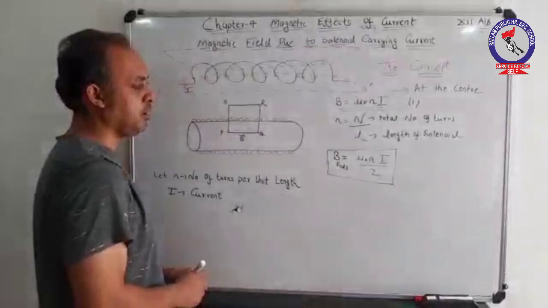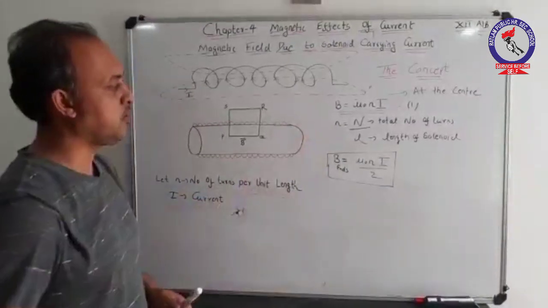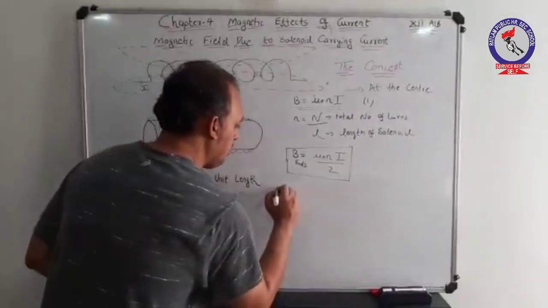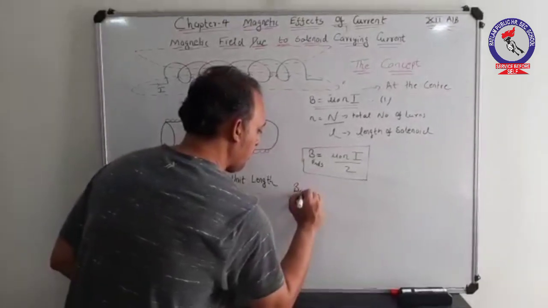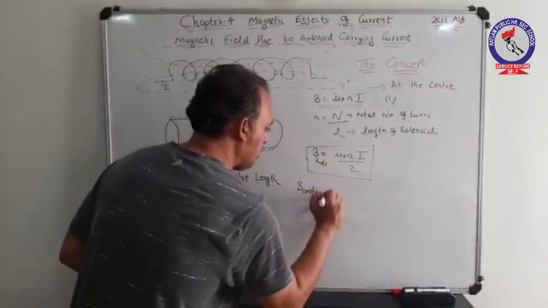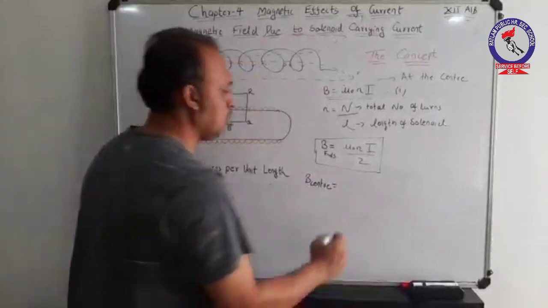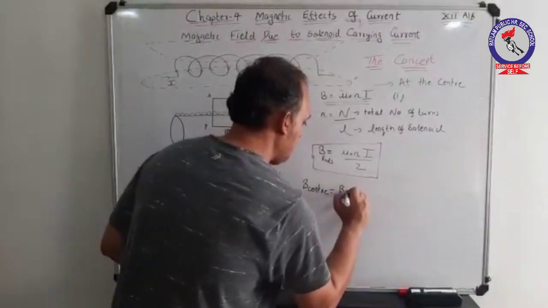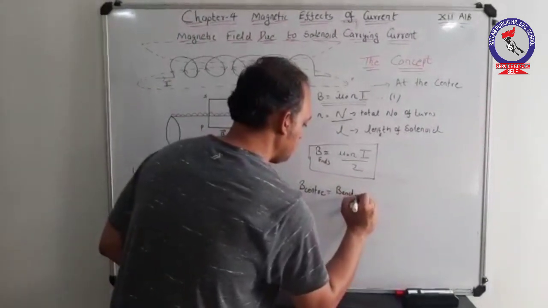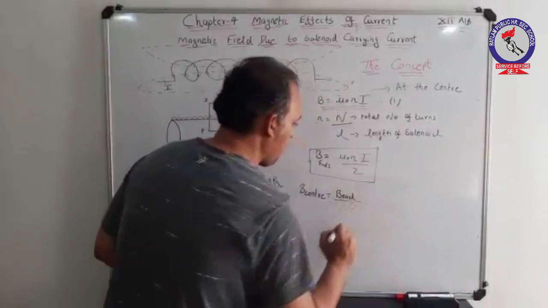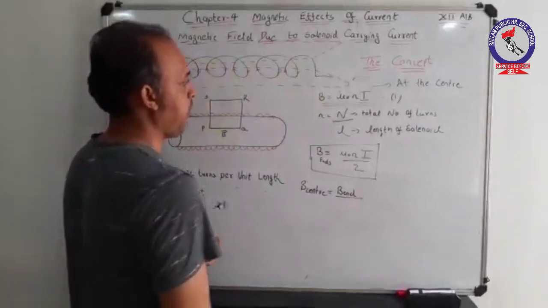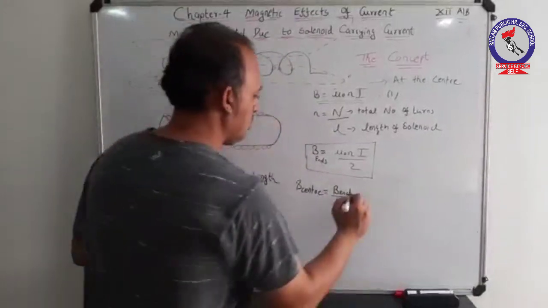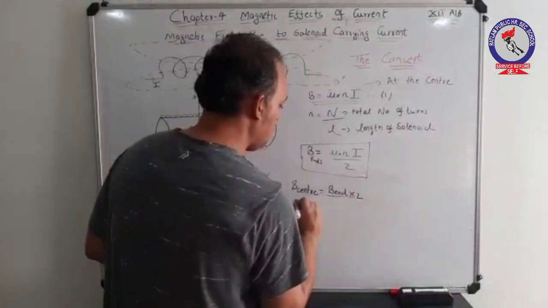Hence, you can directly make a relation between them, that field at center of the solenoid is equal to field at the end into 2.